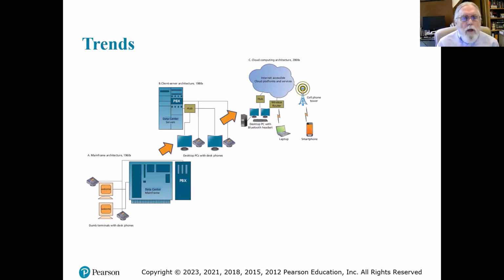So we can talk about trends, but knowing full well that tomorrow things are going to be different. But if we go back to the history in the 1960s, we had these large mainframes. The data center would occupy an entire room and had a massive air conditioning unit for itself. And then you had these remote terminals that connected to it.